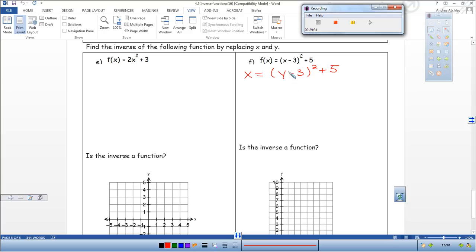Then we're going to solve for the y. So you're going to subtract that 5 minus that 5. You're going to get x minus 5 equals the y minus the 3, the whole thing squared.